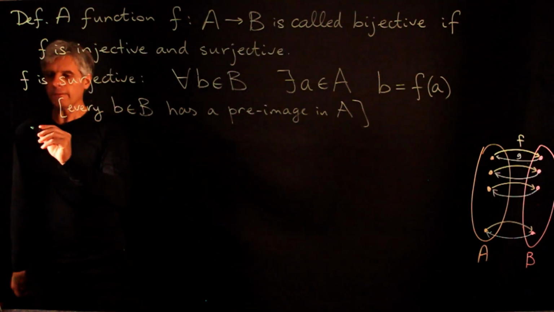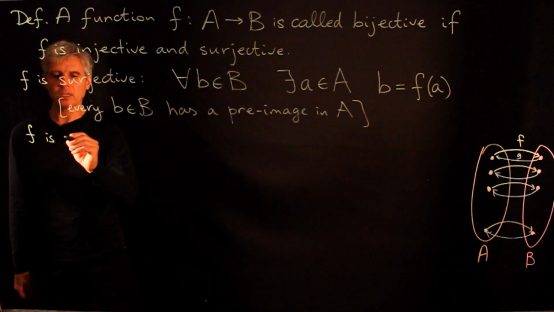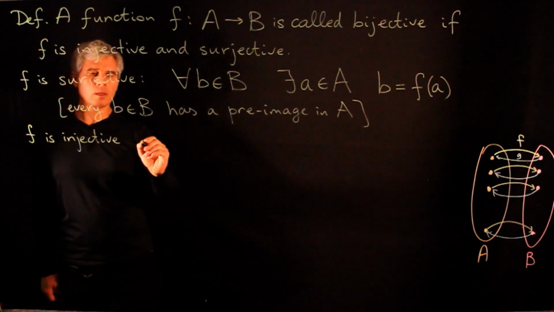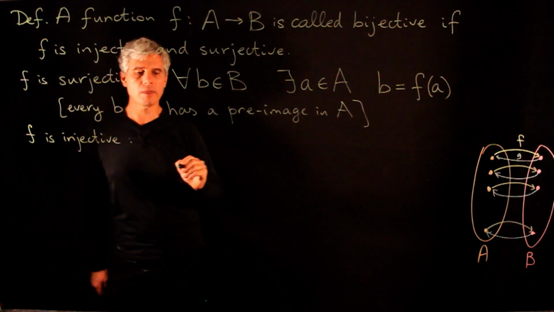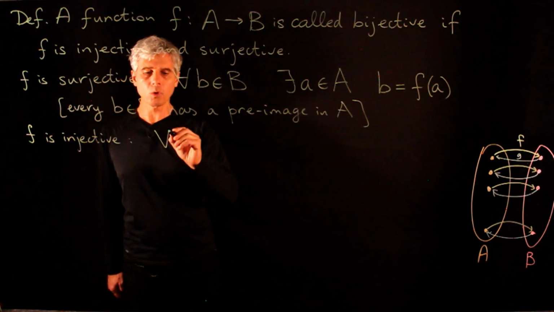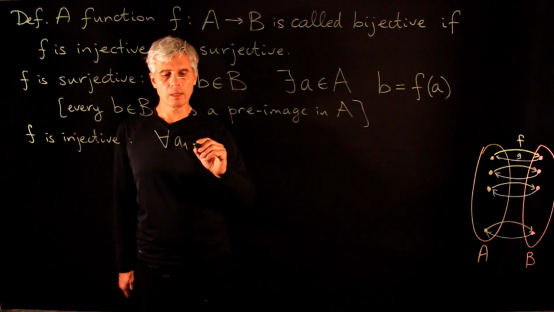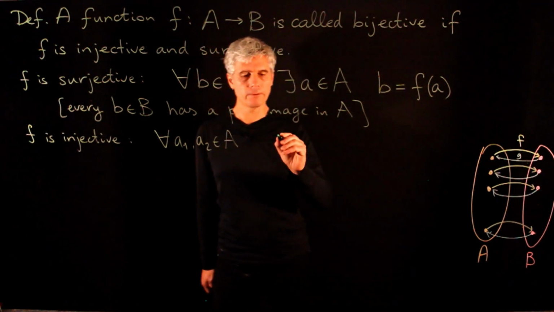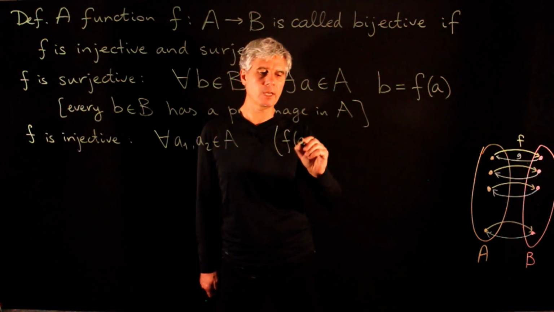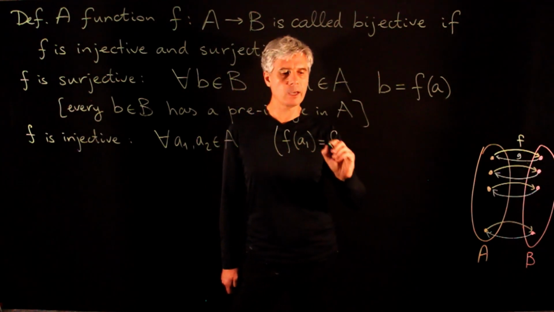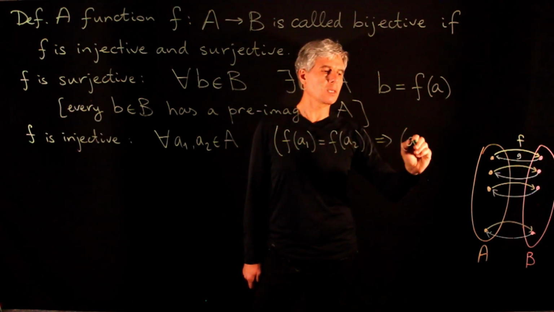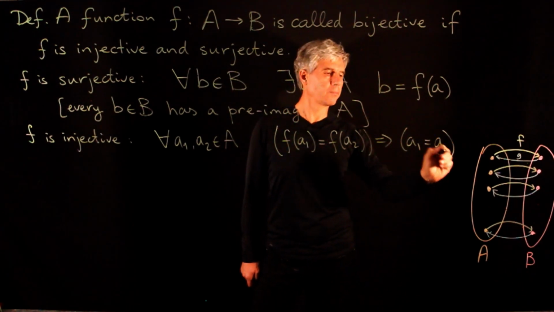And f is injective. So this means that for all a1 and a2 in the set A, if f of a1 is equal to f of a2, then this implies that a1 is equal to a2.